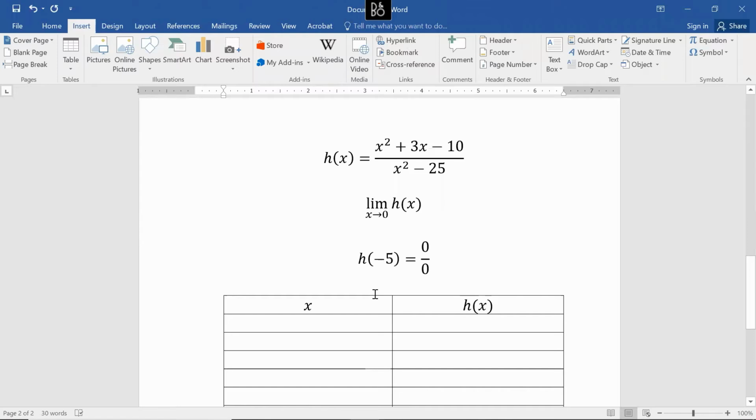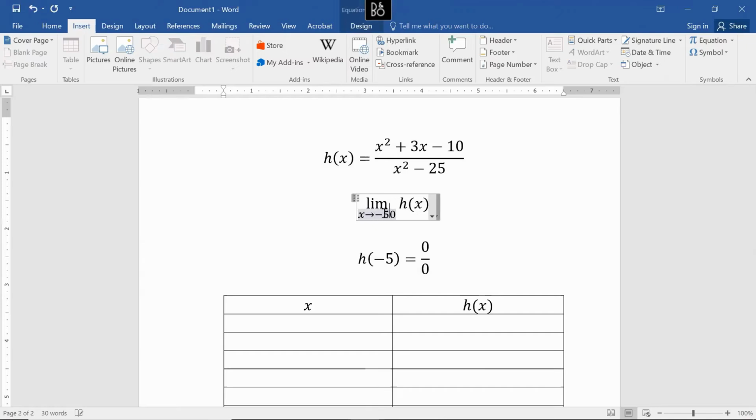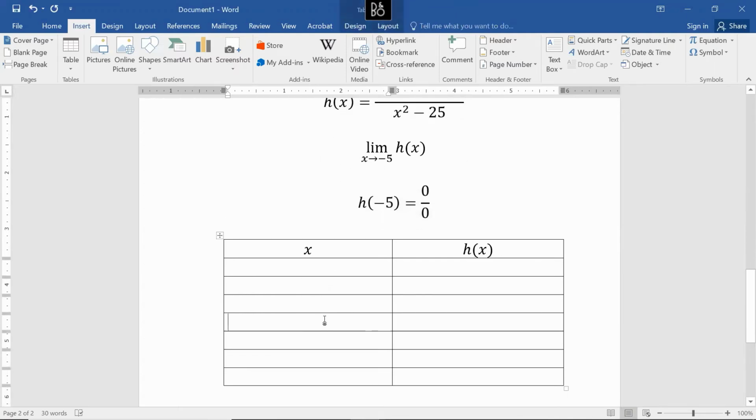Let's take h of x. So h of x is this rational function. And once again, if you plug in the number that we're looking at the limit towards, in this case -5, you're going to get an indeterminate form of 0 over 0. So what we can do is, well, -5, let's come from underneath.